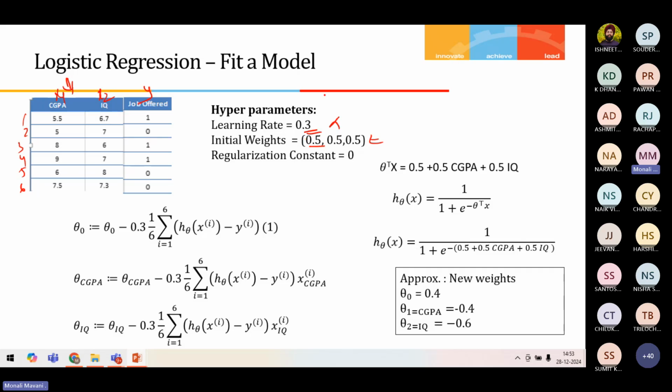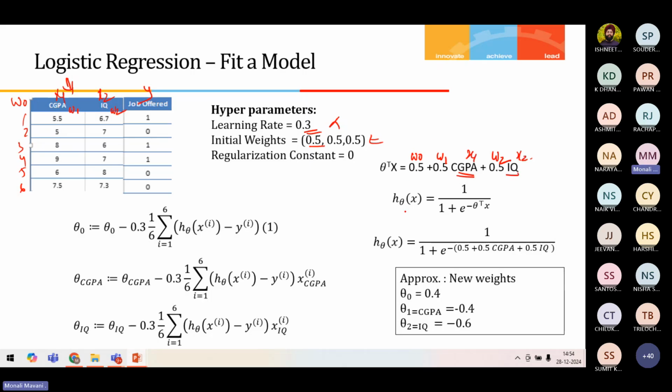With logistic regression, generally 0 can be used for the initialization. Let's initialize all the W's using 0. So this is W0, W1 and W2. With each of the features we have W1, W2, and then a hypothetical W0, the bias term. And we have 2 features, CGPA and IQ.